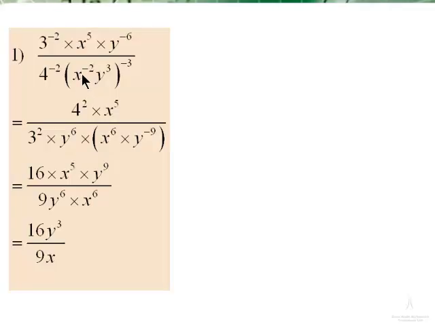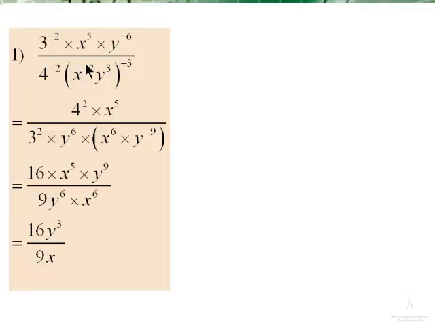Here you have a choice of two things. You could move this whole exponential base to the top and then simply change the sign of the exponent, or what I decided to do here is to use the law that allows us to get rid of this bracket. So the minus 2 as well as the 3 is multiplied by the minus 3.